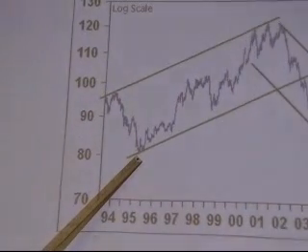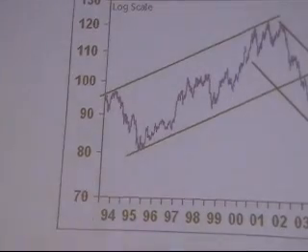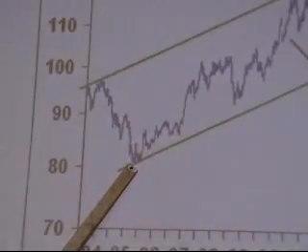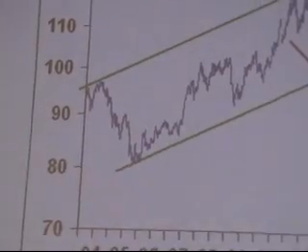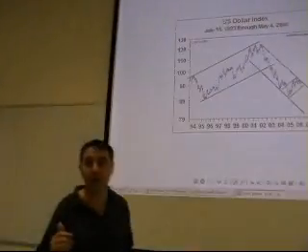80 is or has been the long-term, or probably let's call it the all-time support of the dollar. So 80 has held, I'm not sure, probably about 30 years or so, close to 40 years.